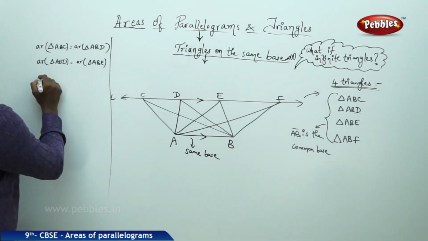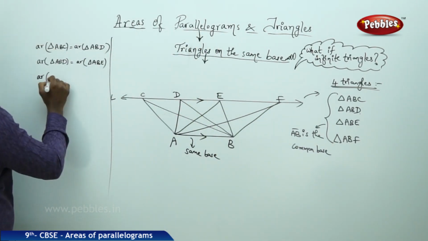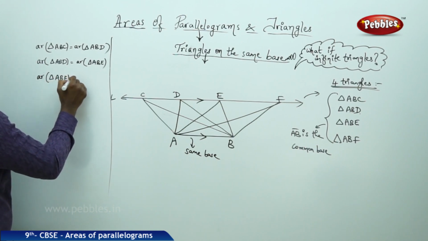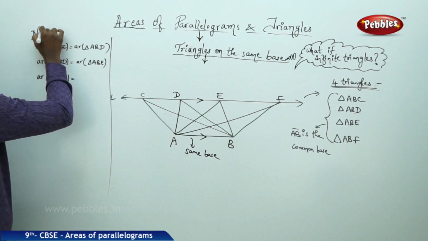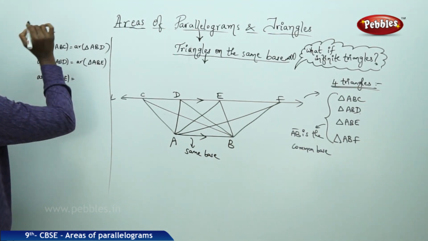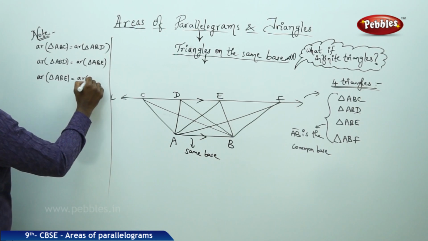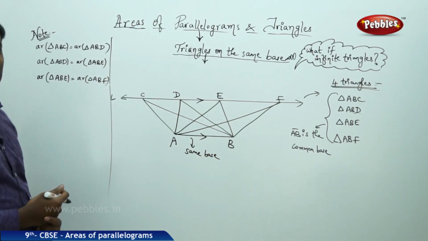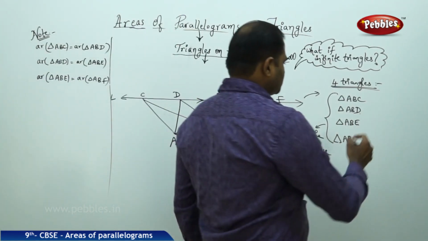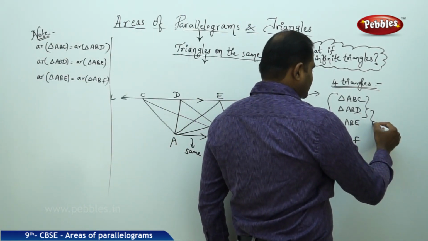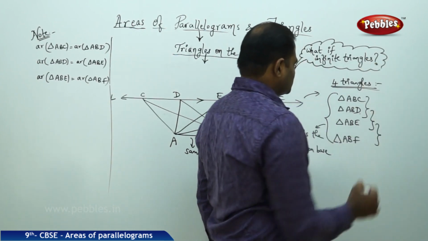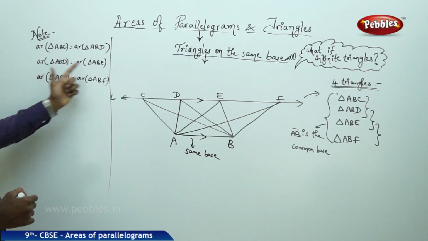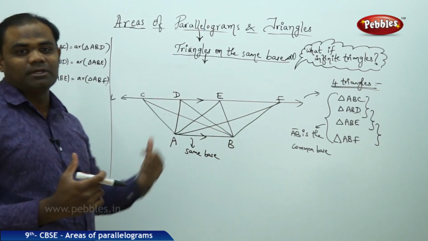Therefore, area of triangle ABE equals area of triangle ABF. This is what we see when I take the first 2 in pairs, then the second 2 in pairs, then the last 2 in pairs. So I have totally 3 pairs which define the areas of the triangles being equal.